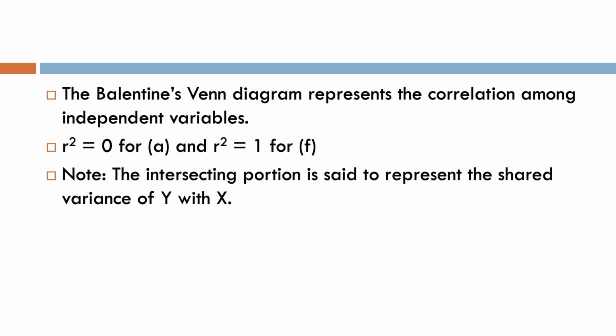In the diagram, R squared is equal to 0 for A and R squared is equal to 1 for F. The intersecting portion is said to represent the shared variance of x and y. So, that is how the explanation is done.